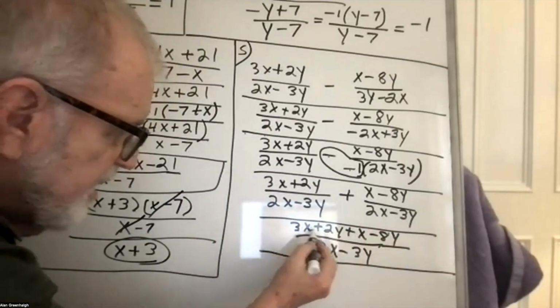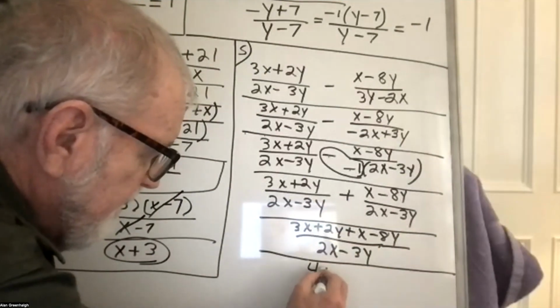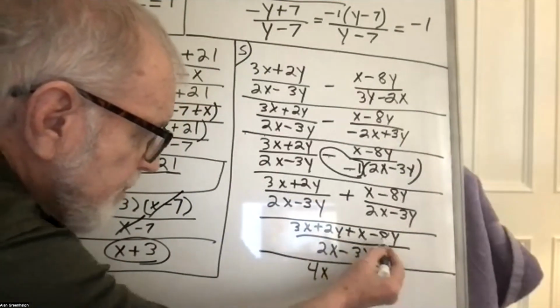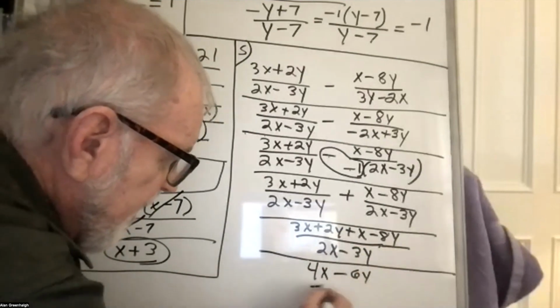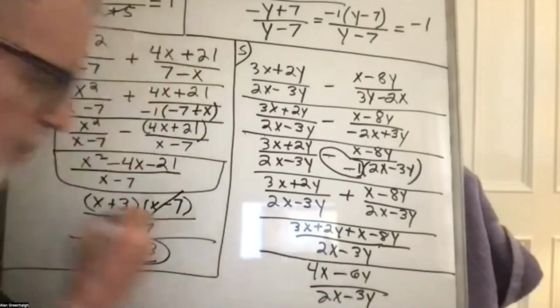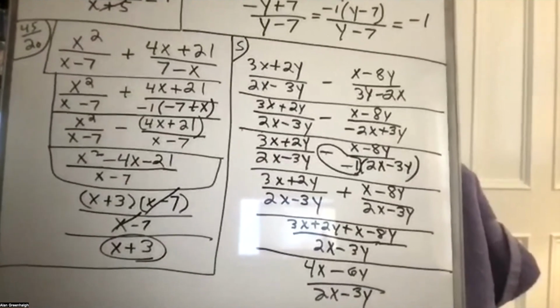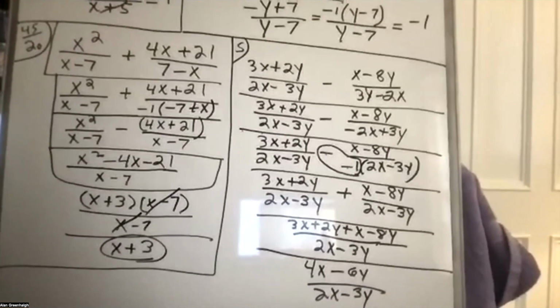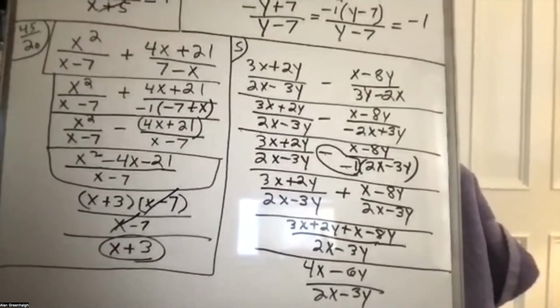Let's combine like terms. 3x and x is 4x. 2y minus 8y is negative 6y over 2x minus 3y. It's very, very nice. The problem is not over.